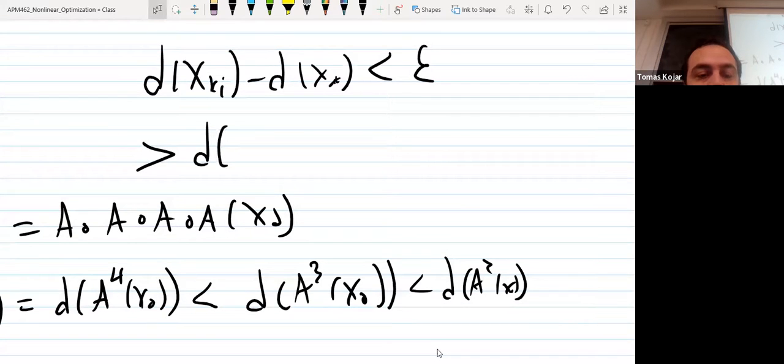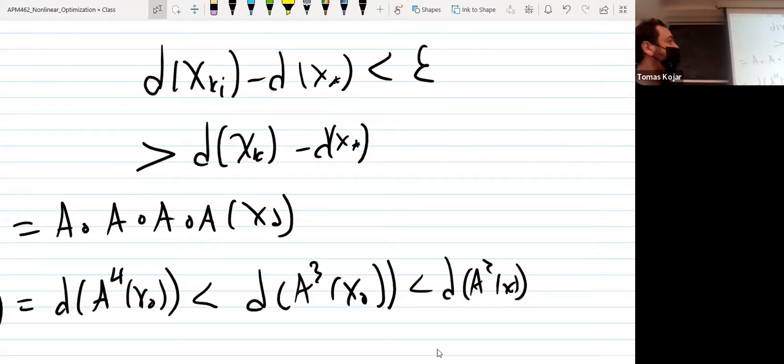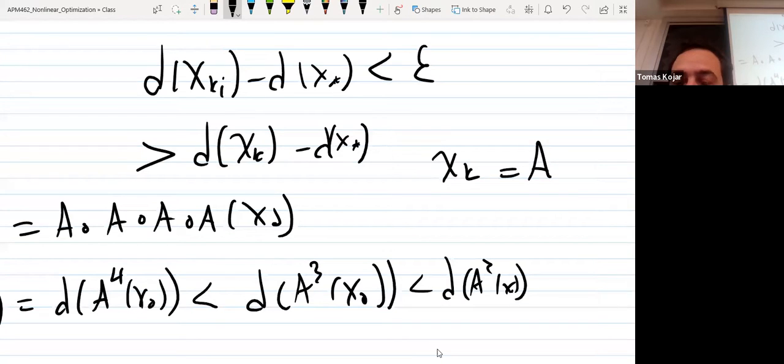We want this to be bigger than d of x_k. So I need to figure out how x_k can be written as a to some power of x_{k_i}.